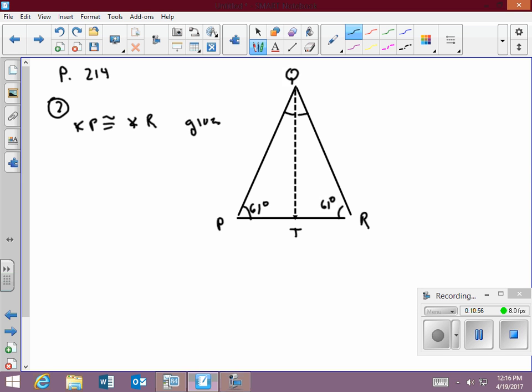Then the sides PQ is congruent with RQ. What would you call that? That would be theorem 4.7. Now you can say it's an isosceles triangle.